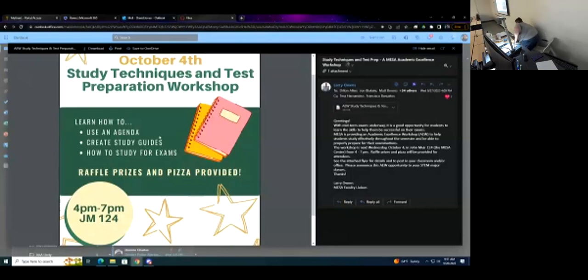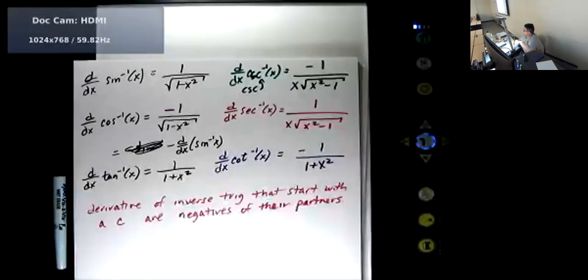Give you some pro tips from people that have gone through this, have graduate degrees, or are working on their graduate degrees, and how they have thrived in college. So, if you're free next Wednesday evening, 4 to 7, I'd go over to Visalia and just check it out. Raffles and prizes and stuff like that. I'll put an announcement up to remind you about it. But it might help you for the next test.